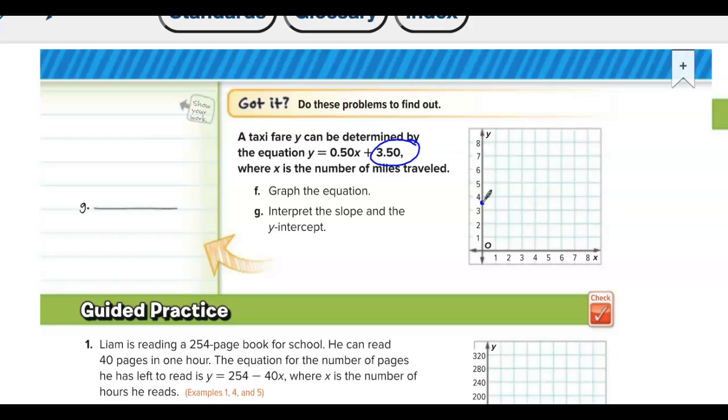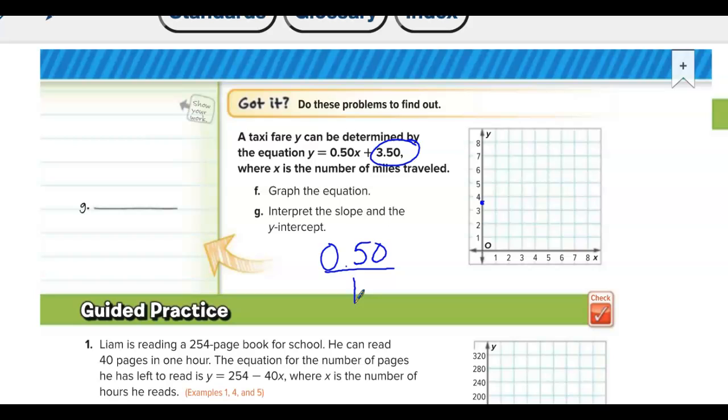X is a number. What's with x? 0.50. So what's your slope? 0.50. Okay, so we know our slope is 50 hundredths. You could do this two ways. I could use that, I could put 0.50 over 1. Or, what is 0.50 the same as?